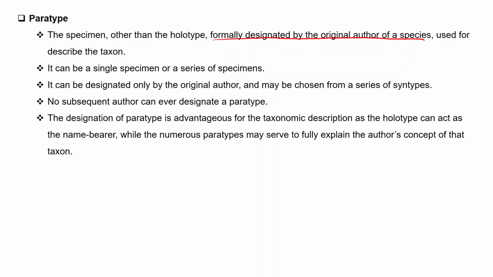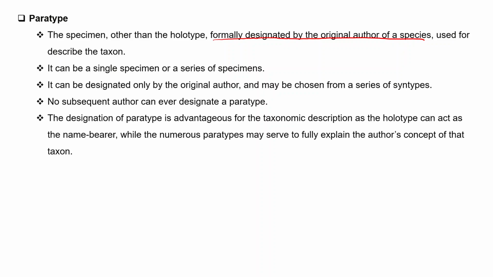Later, he found a series of specimens which are also best suited to describe that particular taxon or species. In that case, the original author will choose a single specimen, or a series of specimens, but which will not be the holotype.